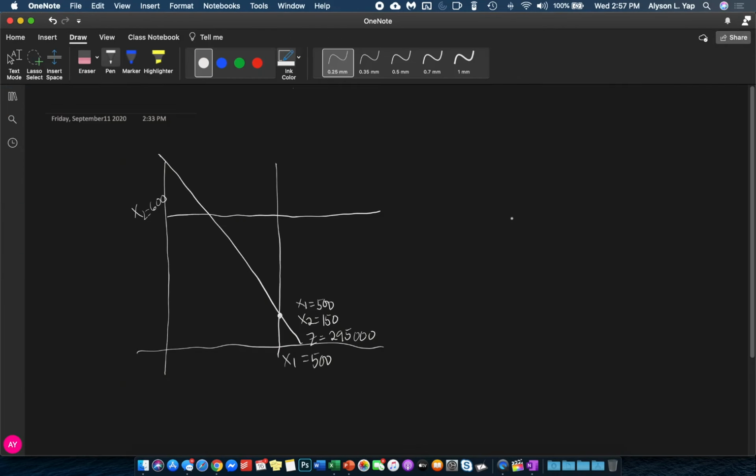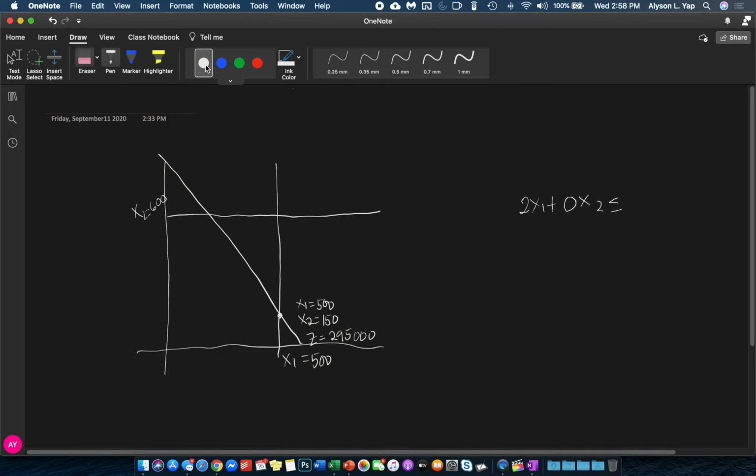Okay, so you have a 2x1 plus 0x2 less than or equal to 1000, but this one will go up. Okay, now given that the right hand side will go up, what is the effect on the graph? The effect is that this vertical line, which represents your 2x1 less than or equal to 1000, will shift to the right.